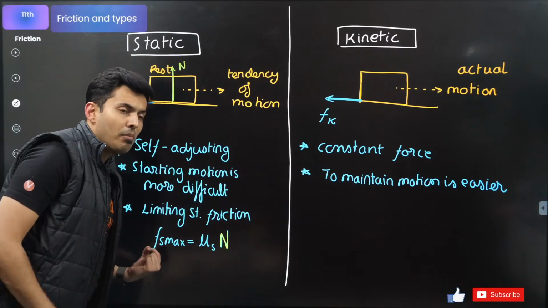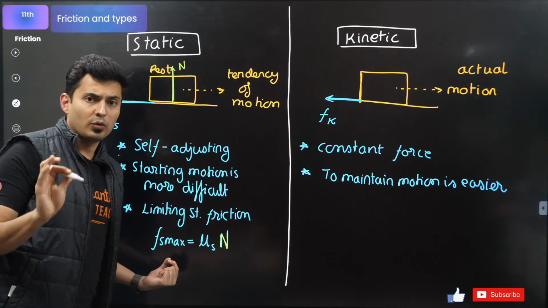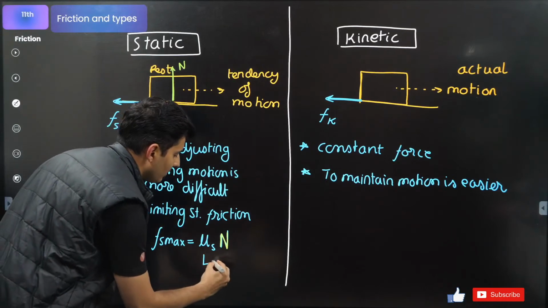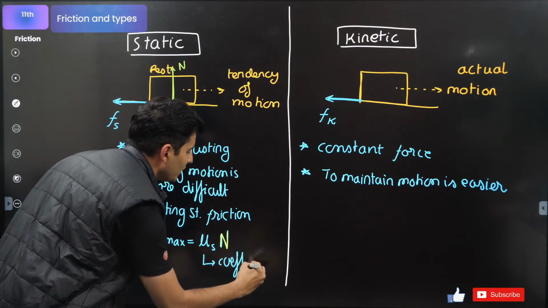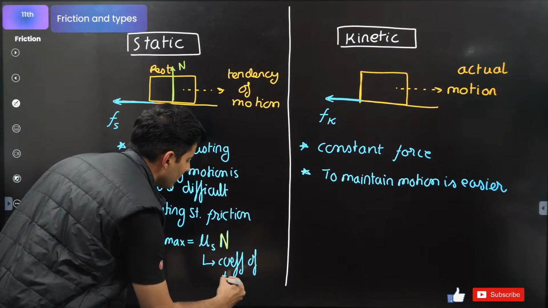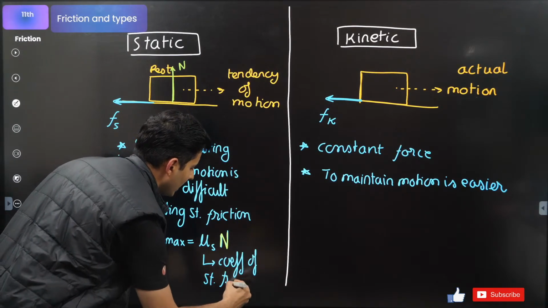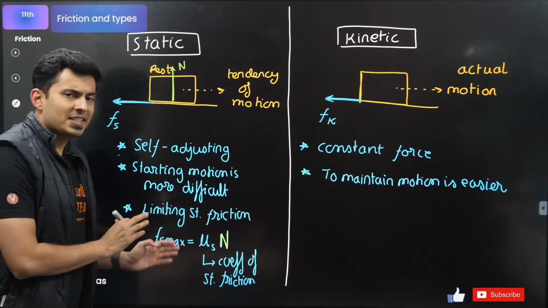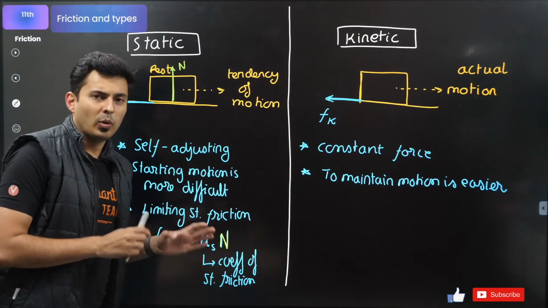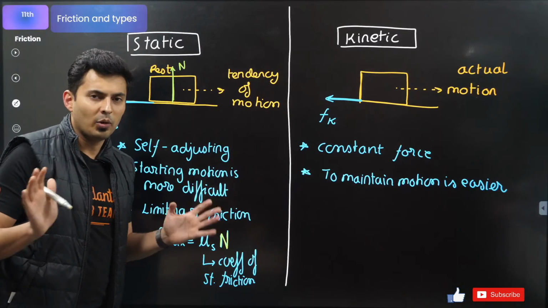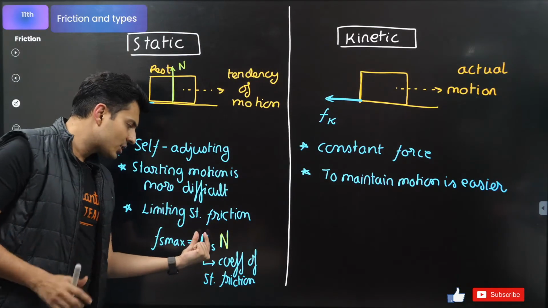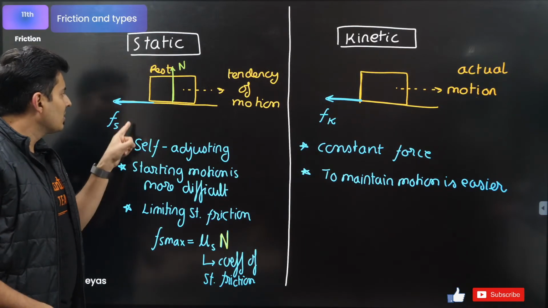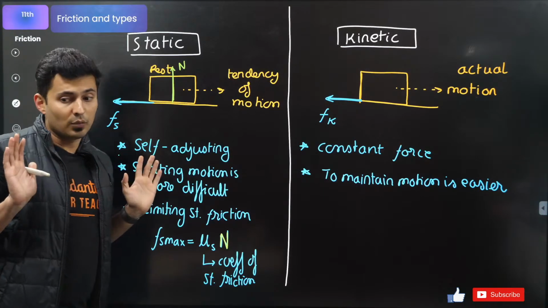This is the maximum static frictional force which can act on the body. This mu s is called the coefficient of static friction. This is just a number given to you like 0.7, 0.2, 0.38, 0.95, etc. This number, multiplied by the normal force, gives you the maximum limit till which static friction can increase.